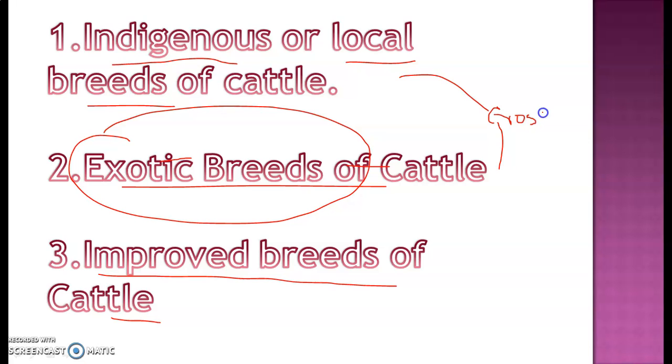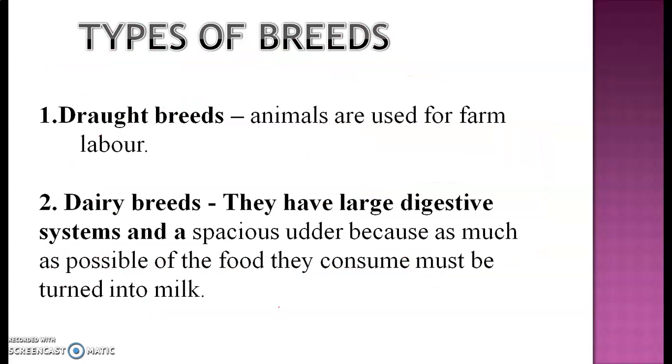Whatever we obtain from these crosses is termed improved breeds of cattle. These improved breeds are basically high milk-yielding breeds of cows, which we specifically develop in India. For example, we have Karan Swiss, Frieswal, and so on. Clear? So in the case of types of breed, the first one is draught breeds.